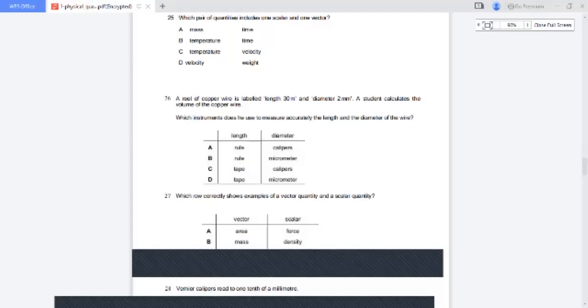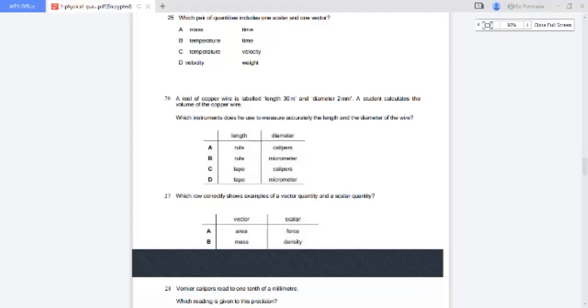Number 26. A reel of copper wire is labeled length 30 meters and diameter 2 millimeters. A student calculates the volume of the copper wire. For this, the diameter and length of the wire are required. Which instrument does he use to measure accurately the length and diameter of the wire?